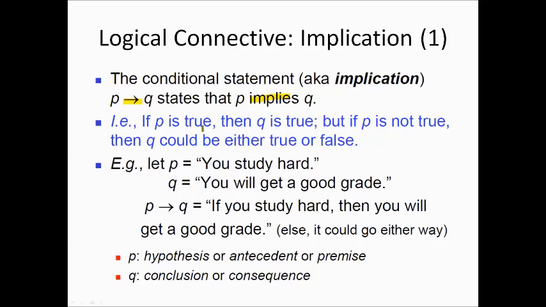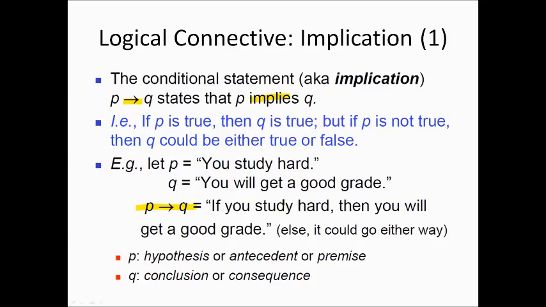For example, the propositional variable P is equal to you study hard, and the propositional variable Q, you will get a good grade. So P implies Q. If you study hard, then you will get a good grade.